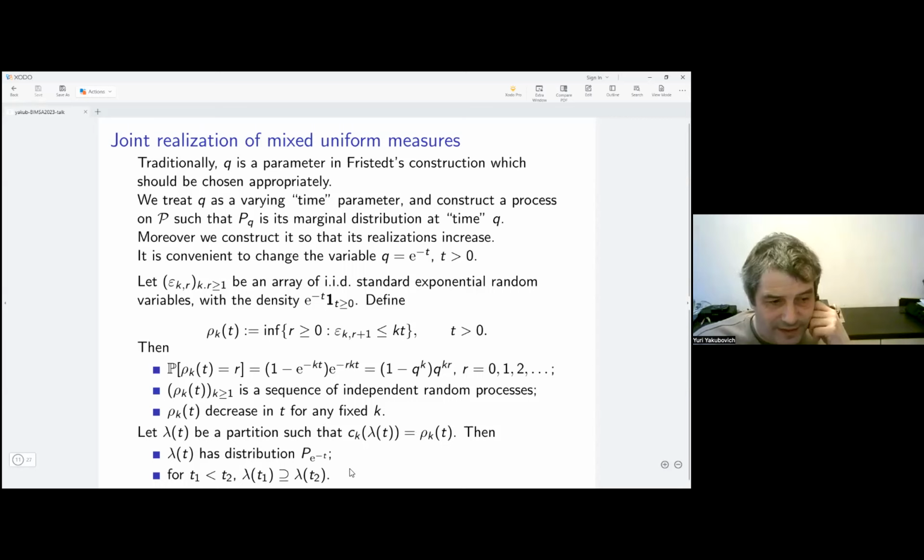And just from the construction, we have that at each fixed moment t, this partition has this free-state distribution with parameter e to the minus t, and the partition decreases. So if we consider some later moment of time, then the partition will be smaller, which means that the corresponding Young diagrams are contained one inside the other.